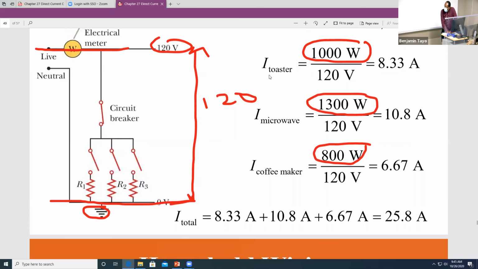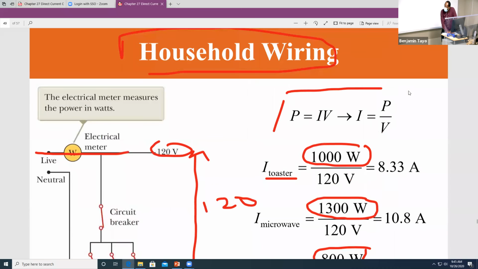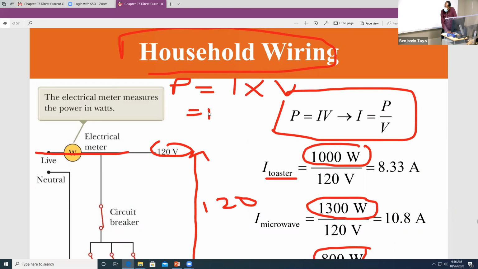Then it means that I can calculate the current. So again, let me write this equation. I think we've seen this equation before. I said you can calculate power as voltage times current. But you can also calculate power as I squared times R. So each of those equations will give you the power. In this case, since we know power and voltage, this is the equation that we can use.